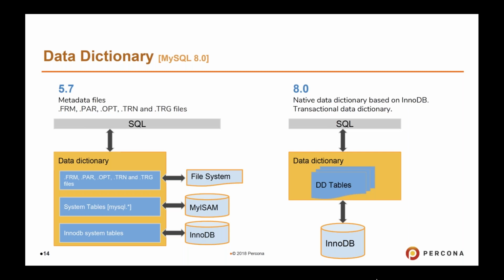That means all tables we have inside the data dictionary will get created in InnoDB. So you will not see, in your data directory or a database directory, these .frm, .par, .opt kind of files in 8.0, because all your metadata information is stored in our data dictionary. That's how we centralize everything in 8.0, and this is the single source of truth, you can say.